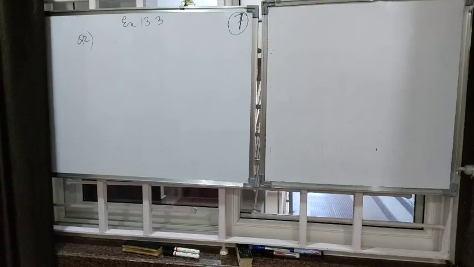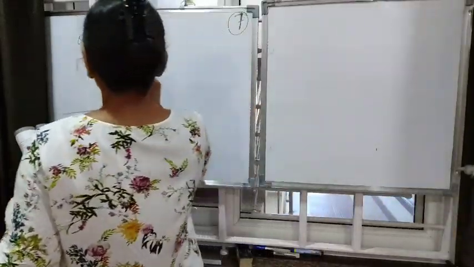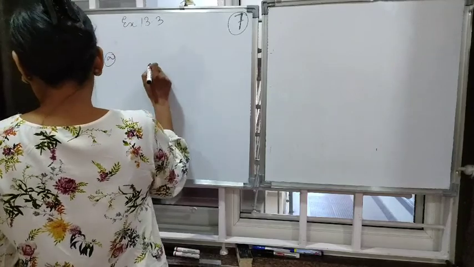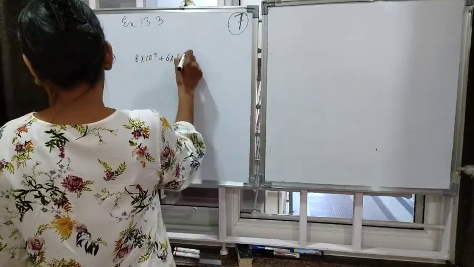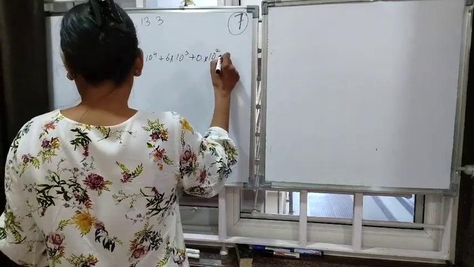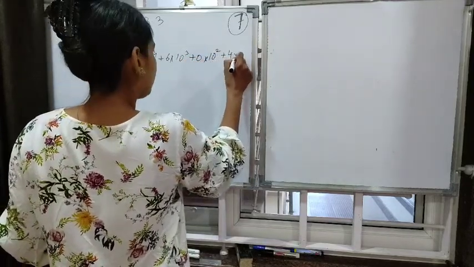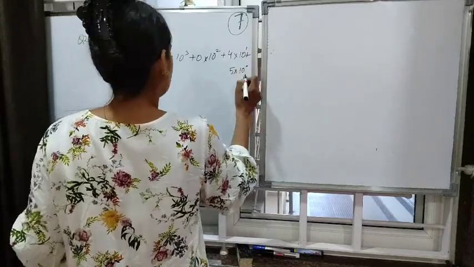Let's see what question number 2 is. Find the number from each of the following expanded forms. So the first one is 8 into 10 raised to 4 plus 6 into 10 raised to 3 plus 0 into 10 raised to 2 plus 4 into 10 raised to 1 plus 5 into 10 raised to 0.